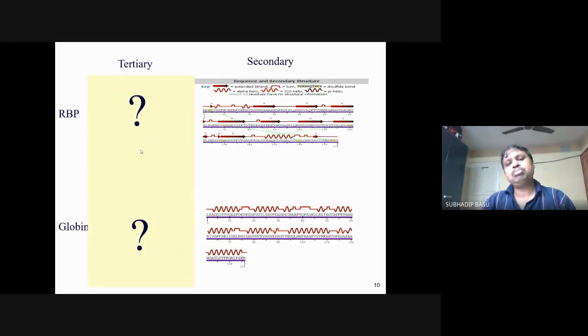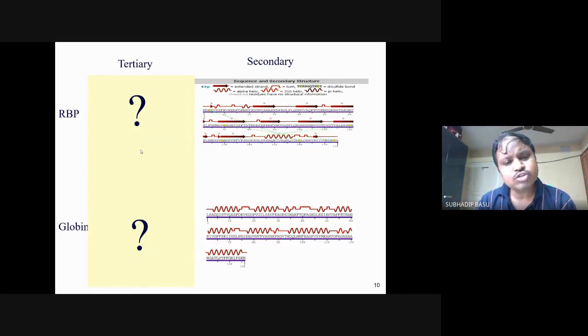When we have the sequence information, as we mentioned just a few slides back, there are 500,000 to 800,000, even more, sequences available in the UniProt database, and there are only around 100,000, a very small amount, of tertiary structure information available.